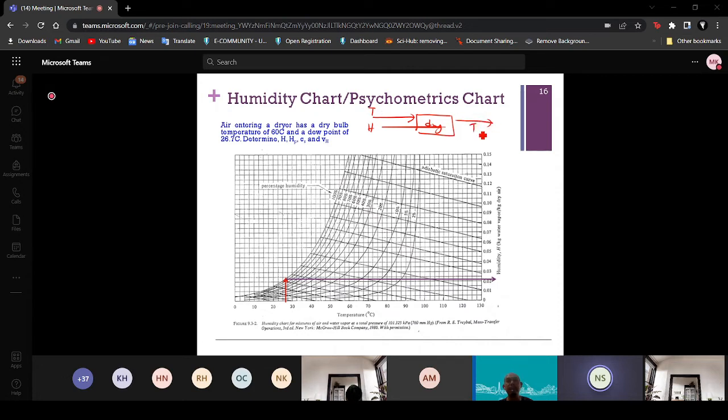Let's say the outlet temperature T2 is about 30 degrees Celsius, and the humidity is 0.03. So what is this one? The temperature and humidity here.